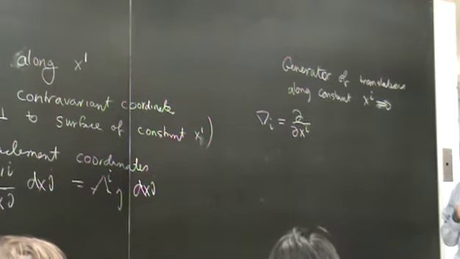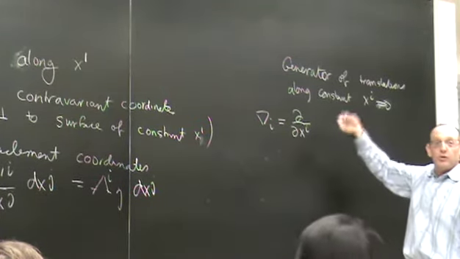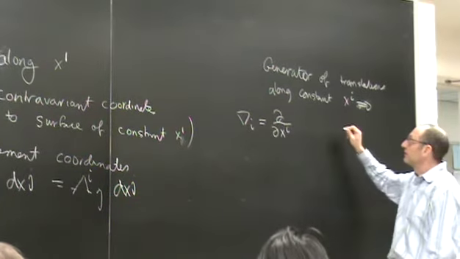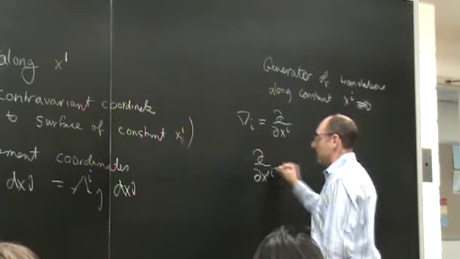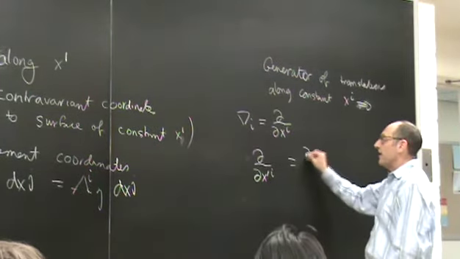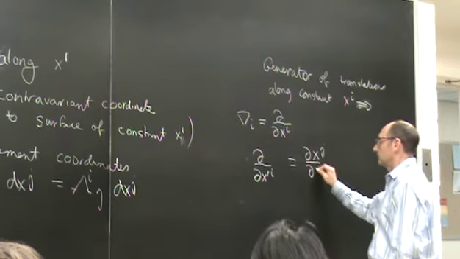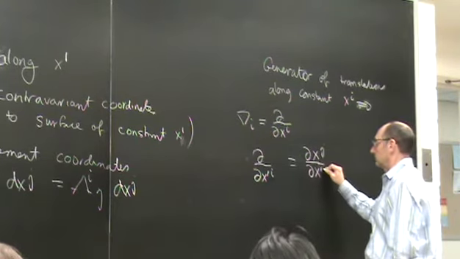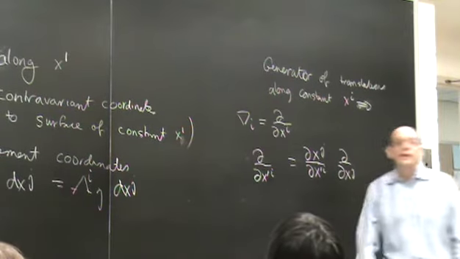And I want to know, how does this transform? So I go to a new basis, I have new coordinates. Well, according to the chain rule, that's equal to that.